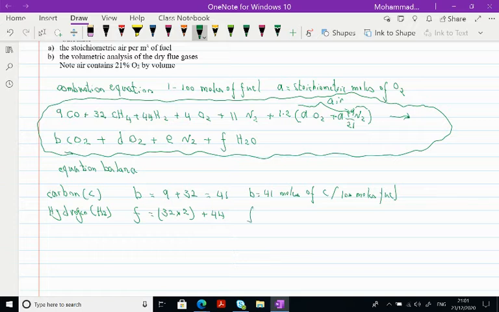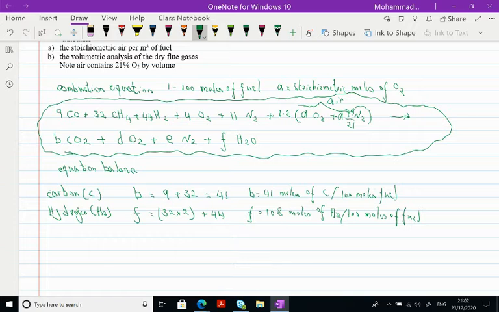So F is equal to 108 moles of hydrogen per 100 moles of fuel.